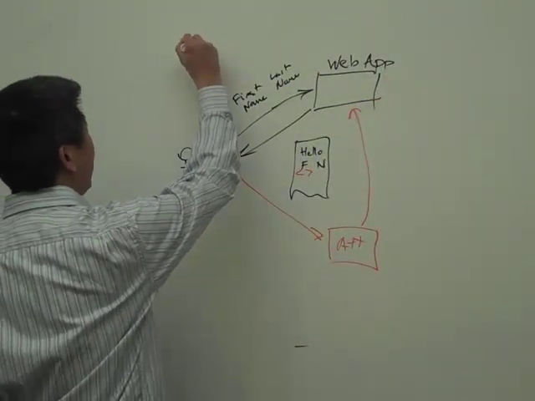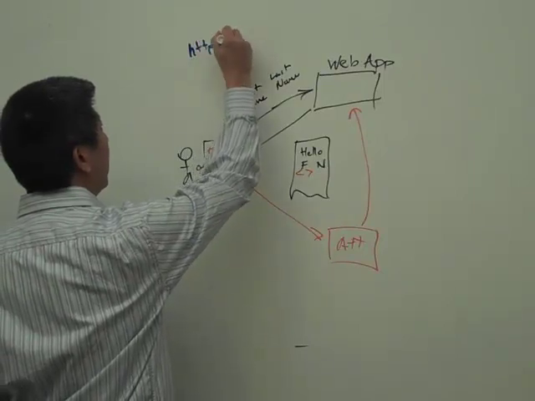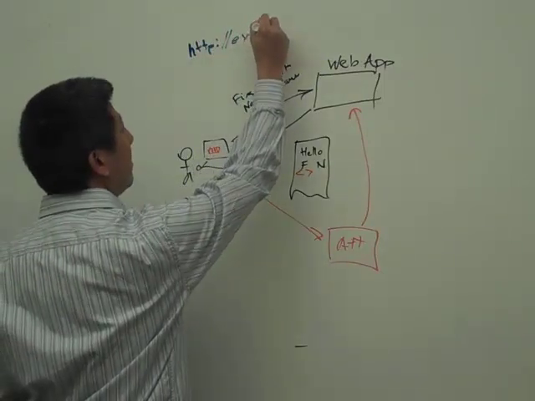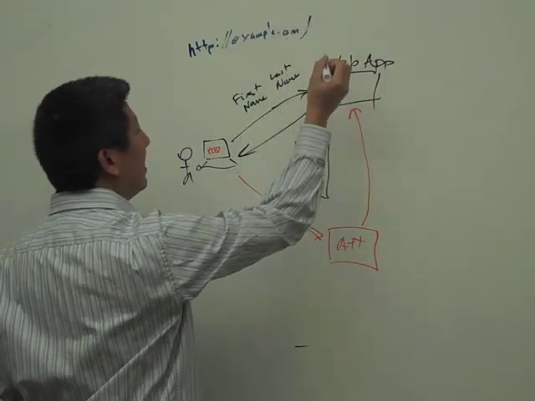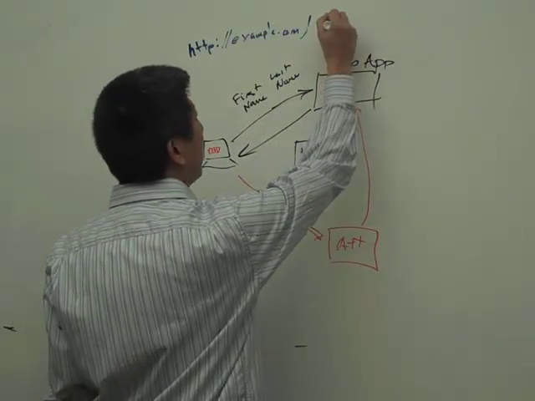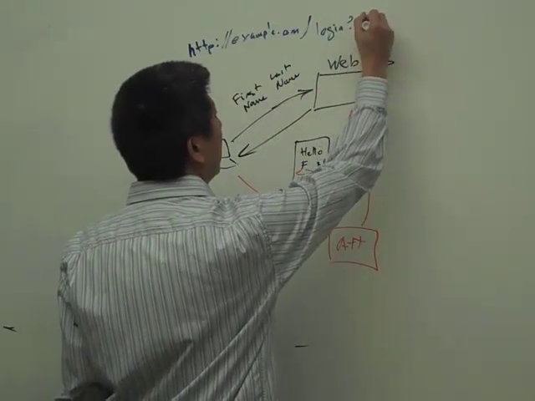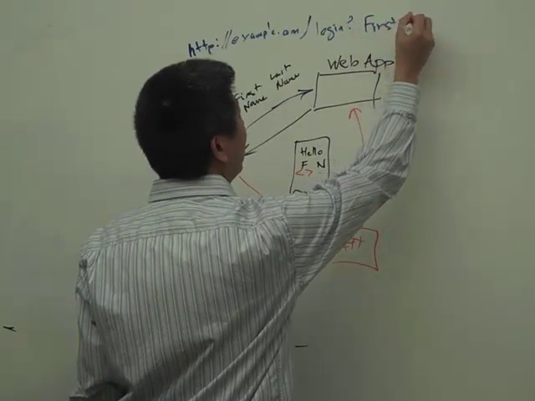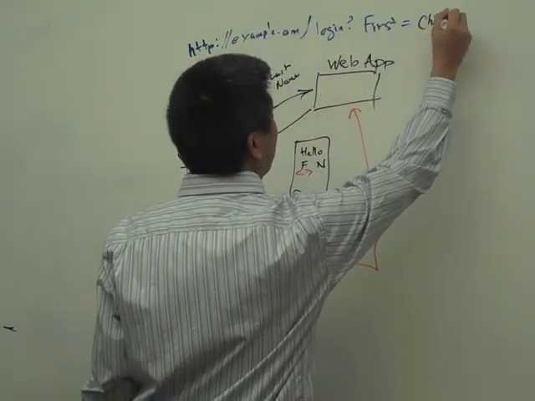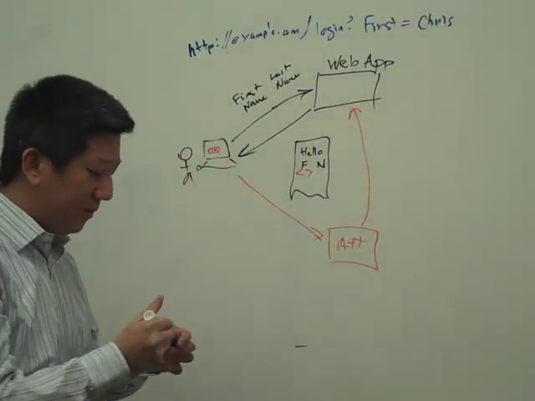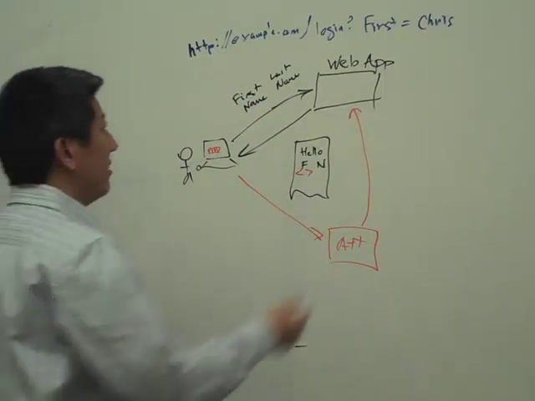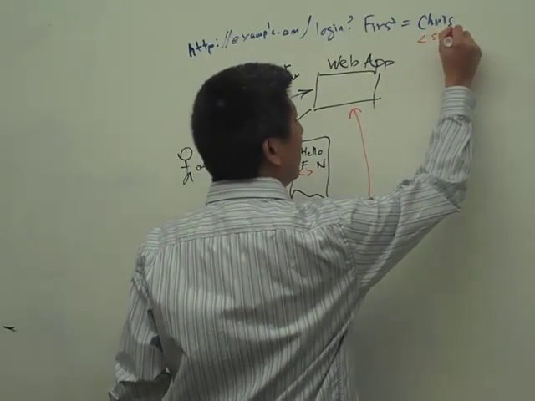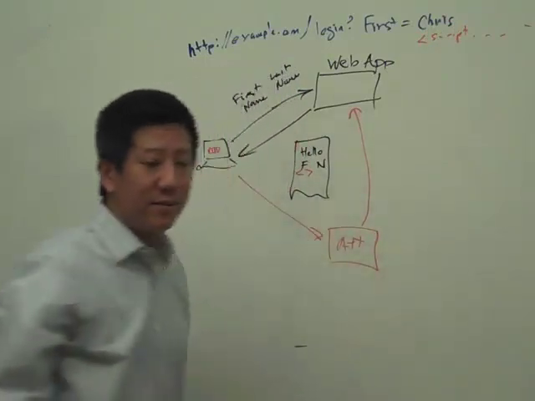Say it was http example.com, first name equals this, or whatever I want to replace it with. So first name equals script, whatever.